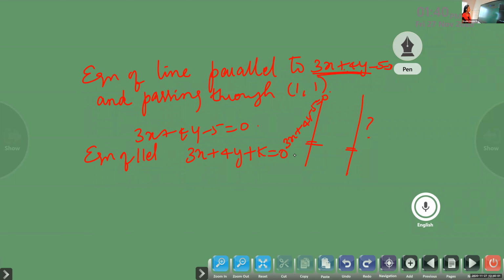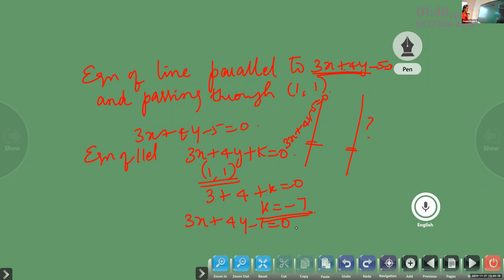It passes through the point 1, 1. So substitute x is 1 and y is 1. So 3 plus 4 plus k is 0. So you will get k is minus 7. So the equation of the parallel line is 3x plus 4y minus 7 is 0. Either you can use the point slope form or you can use this equation of the parallel line.